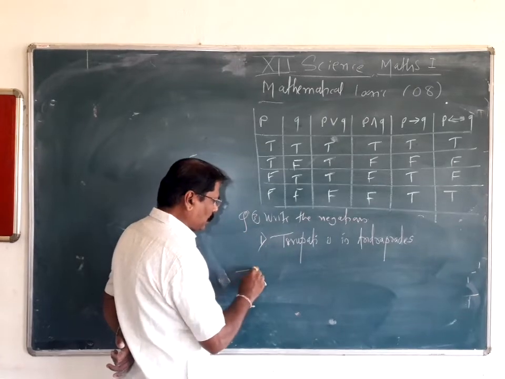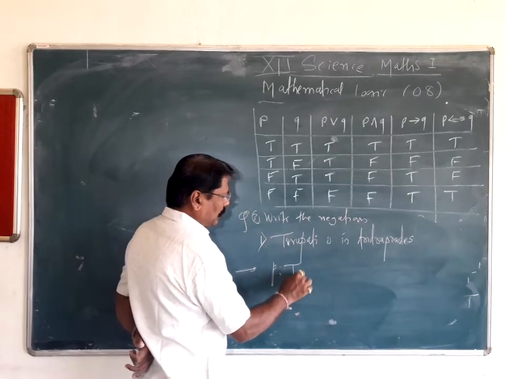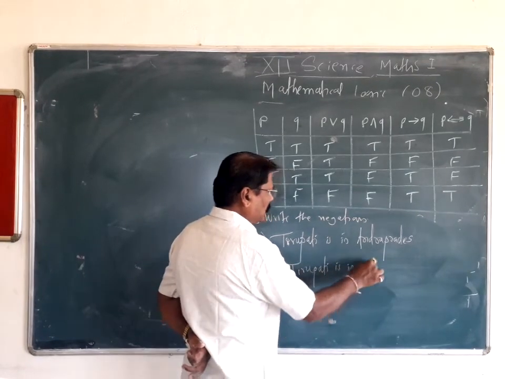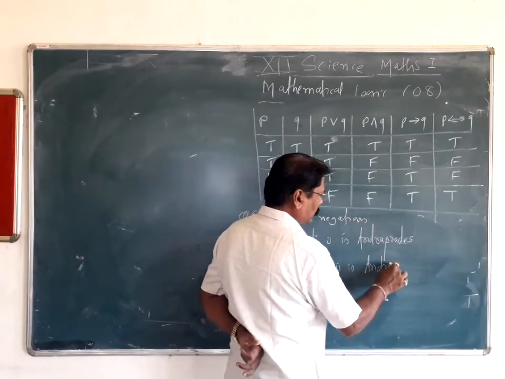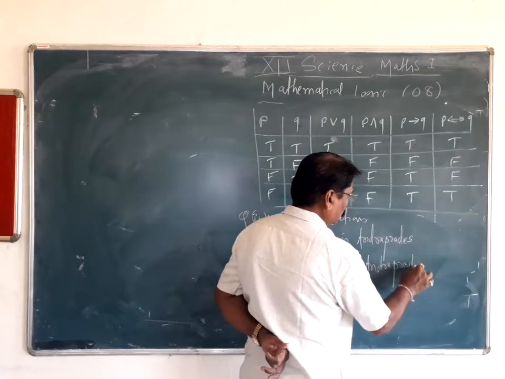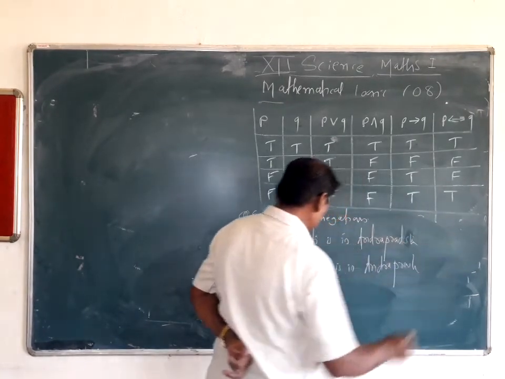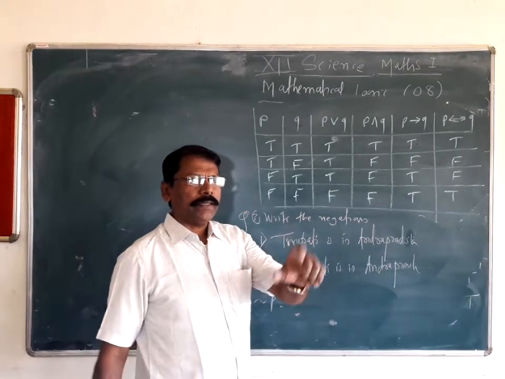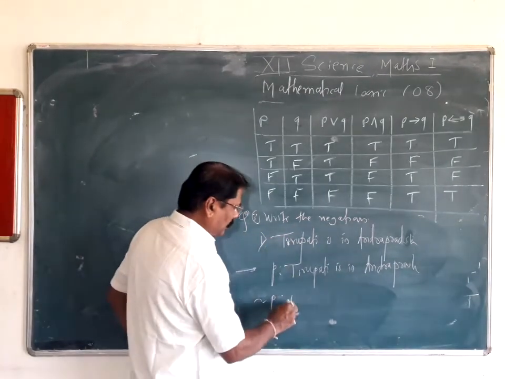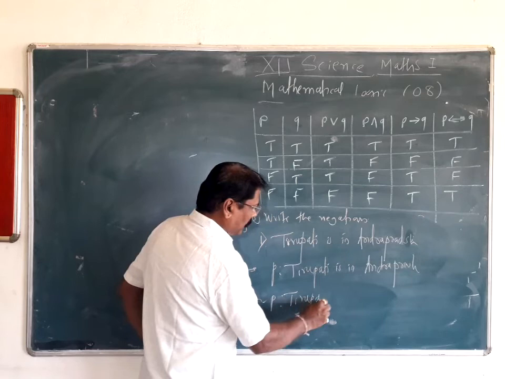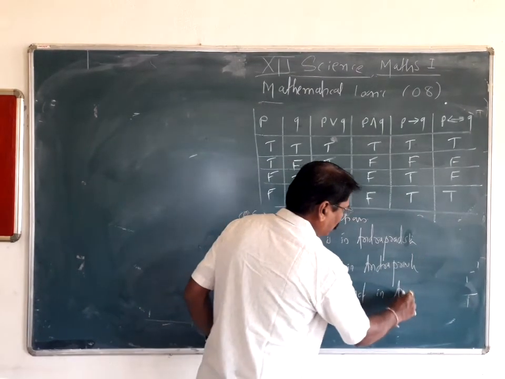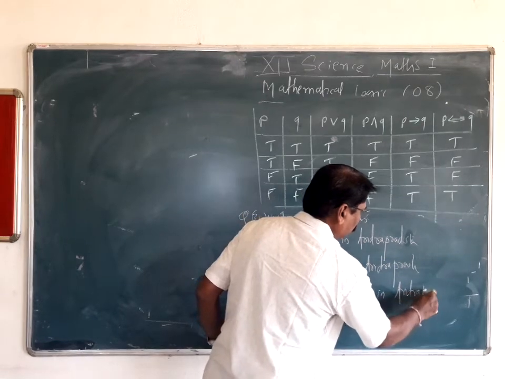Suppose this is P: Tirupati is in Andhra Pradesh. The negation of P is, it is a simple statement, so write directly with not: Tirupati is not in Andhra Pradesh.